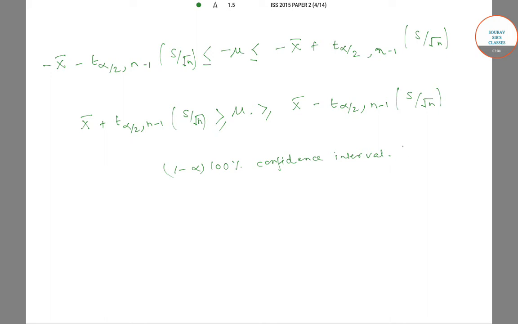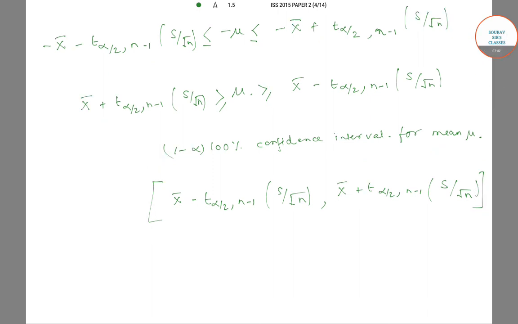So from here we can say that the 1 minus alpha into 100% confidence interval for our mean mu is given by x bar minus t alpha by 2 comma n minus 1 into s by root n, and x bar plus t alpha by 2 comma n minus 1, where this n minus 1 is degrees of freedom, into s by root n.